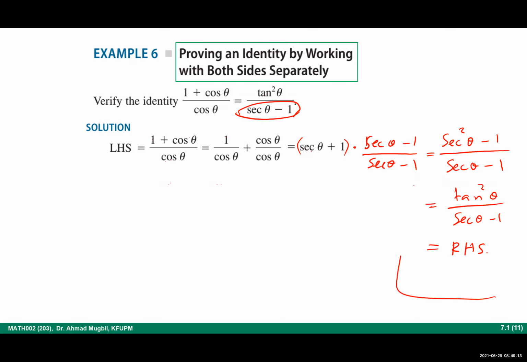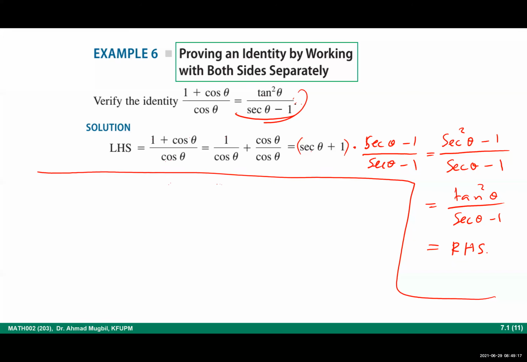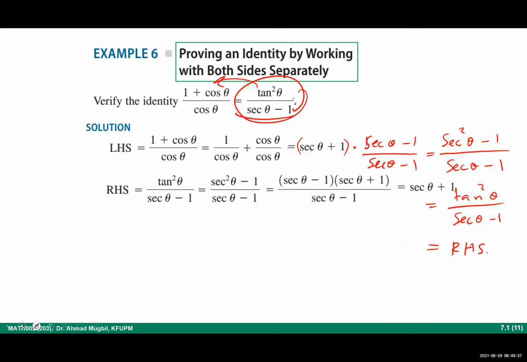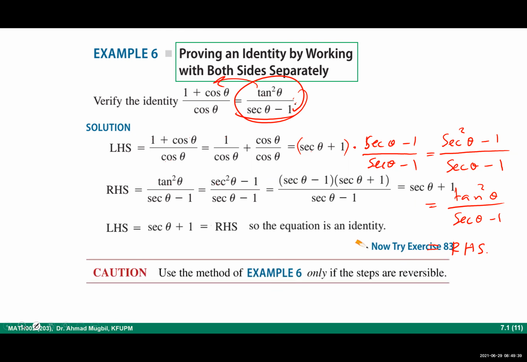Now, do you know that we can also start with this and then prove that it is equal to this? Who can help me with that, Shabab? Tan squared theta over secant theta minus 1, it is equal to what? I think we have it here. We have it like here. Now we can do that. I put a hint for you.